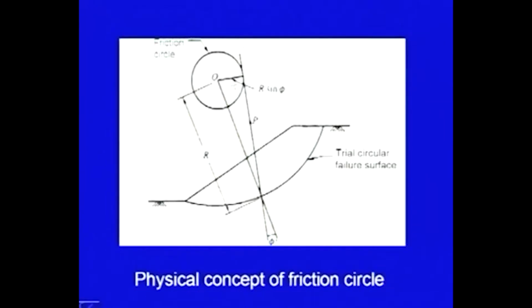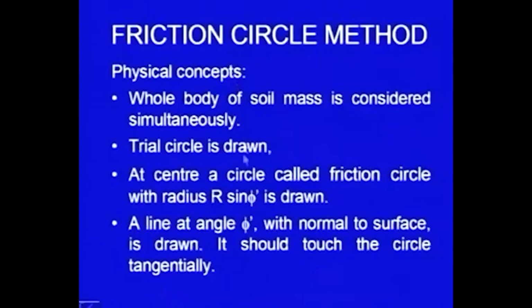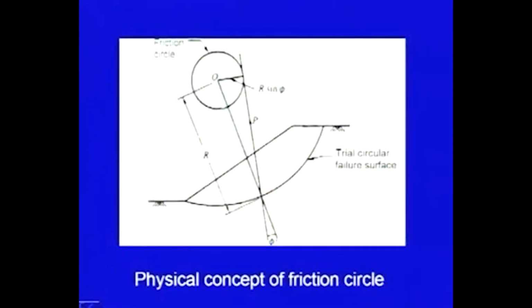We have taken the radius of the circle r sin phi dash, and this distance is r, this angle is phi dash, and this triangle is a right angle triangle. So, automatically this becomes r sin phi dash. So, if a line at an angle phi dash with the normal to the surface is drawn, it should touch the circle tangentially. Mathematically, we can very easily prove it. This circle is called the friction circle.